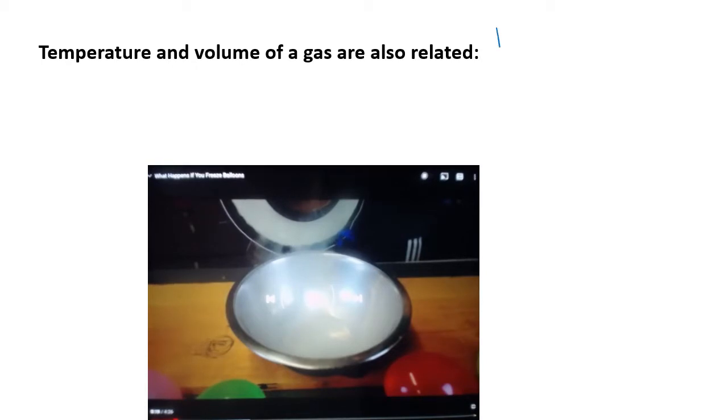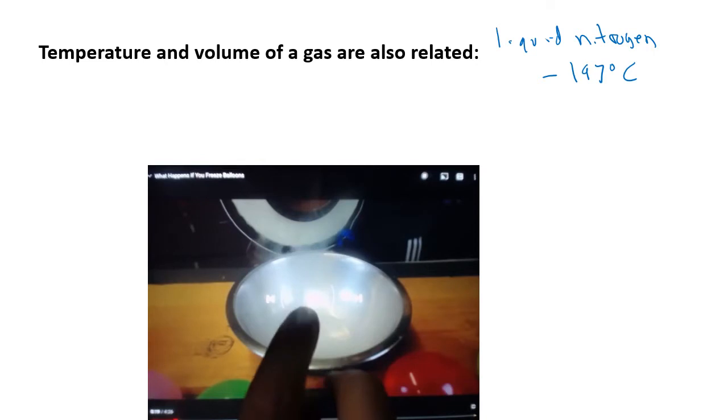Liquid nitrogen actually has a temperature of negative, not positive, negative 197 Celsius. So it's super cold. What we're going to try to figure out is, when you get a gas really cold, what happens to the size of it? Does the gas get bigger or smaller? Let's watch this video and see what happens.